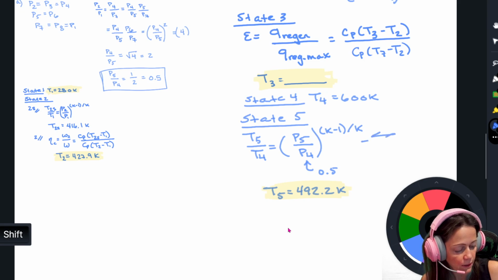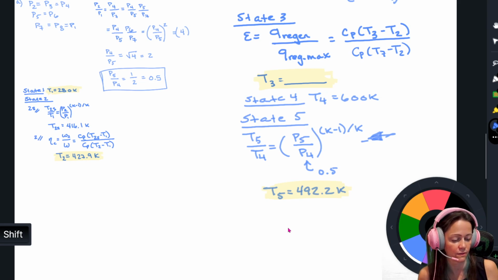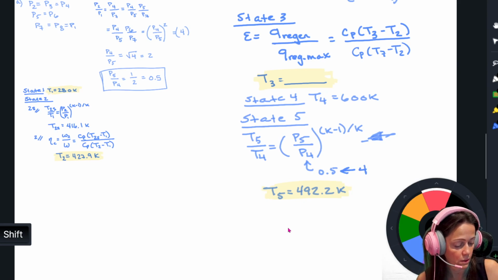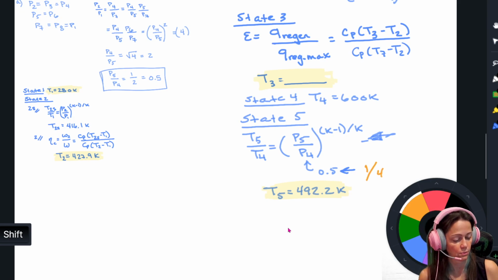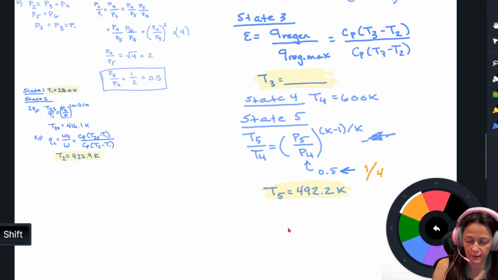If you got this, you would have probably gotten most credit. I might have docked you 0.5 points just for not seeing the values you were plugging in, if they weren't defined somewhere. But if you plugged in, let's say, 1 over 4, you probably would have gotten full credit for that.